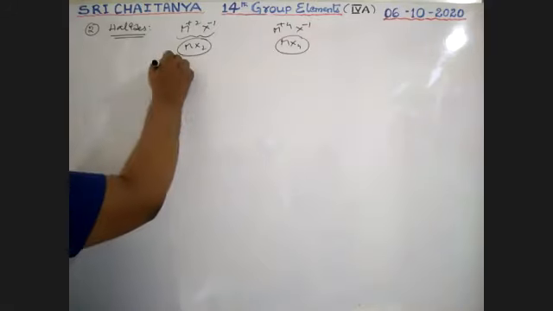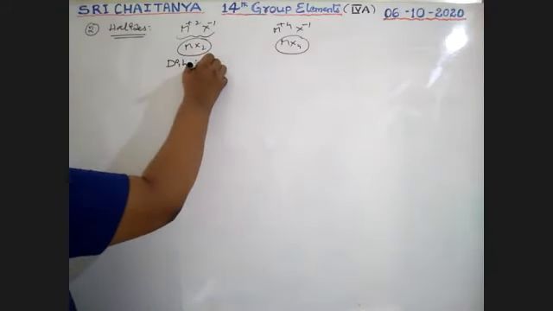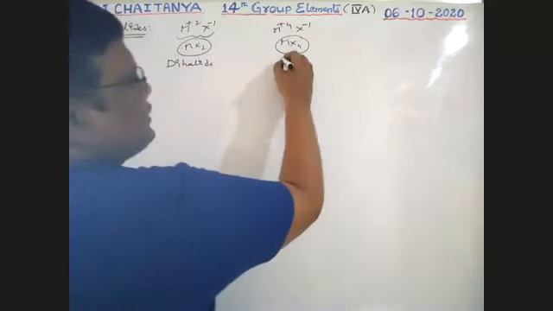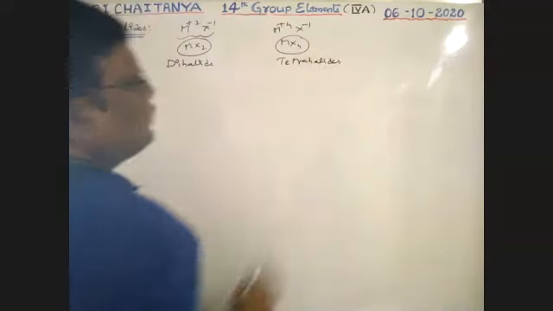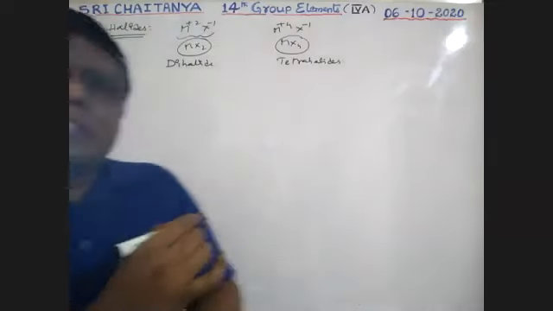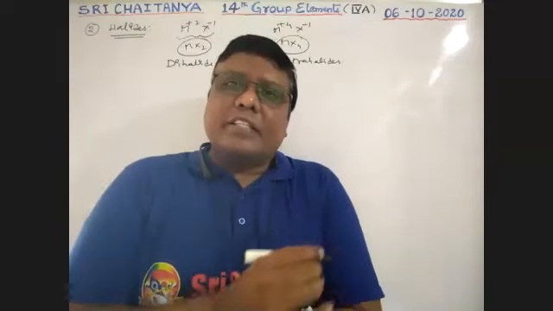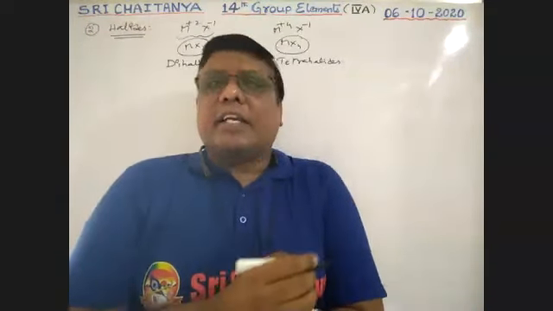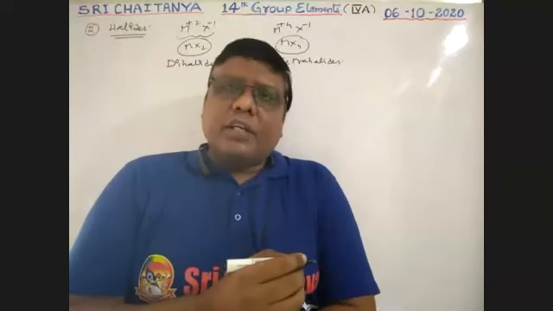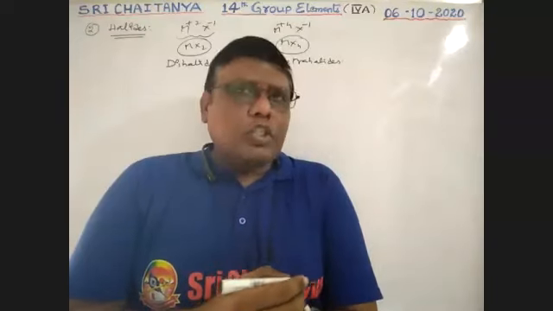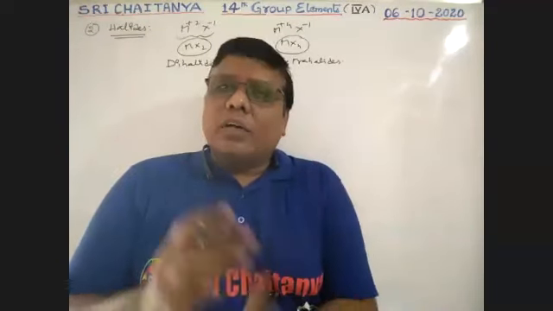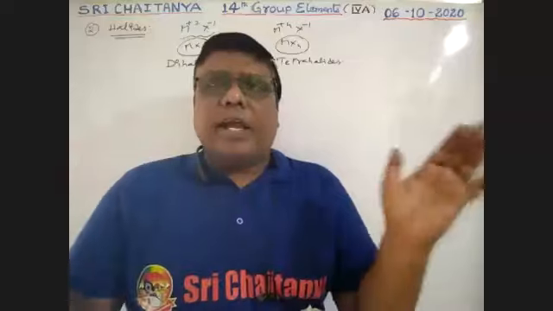These are called dihalides, and these are tetrahalides. Therefore, 14th group elements can form two types of halides, dihalides and tetrahalides. But for carbon and silicon, only +4 is most stable and almost +2 does not exist. Therefore, carbon and silicon cannot form dihalides.